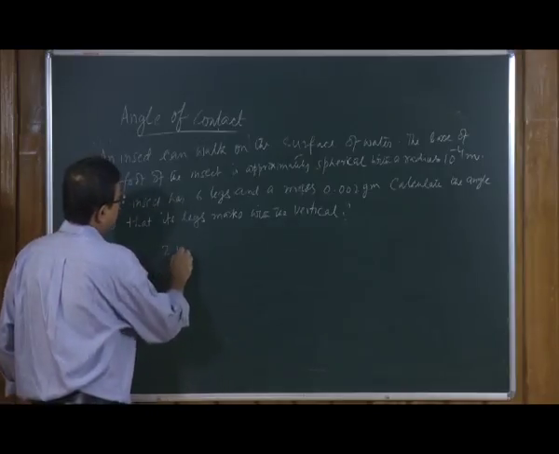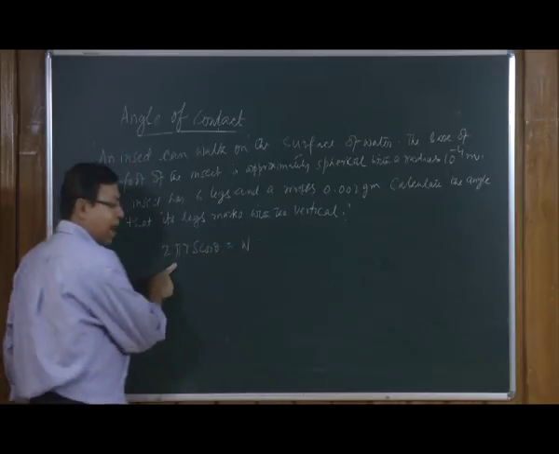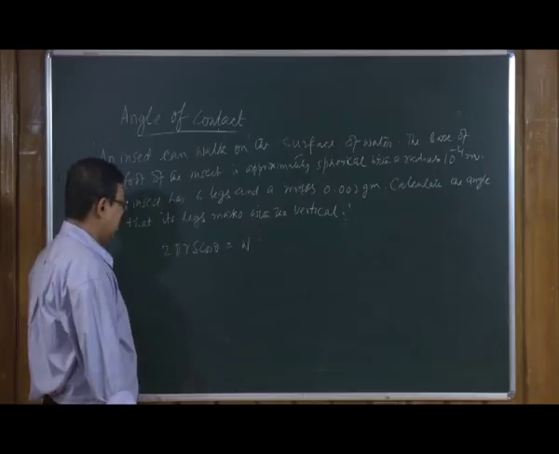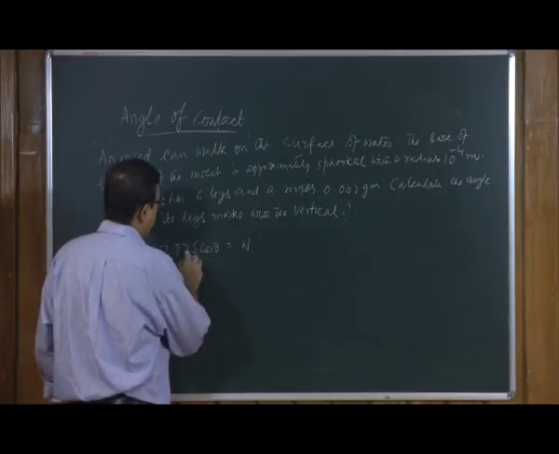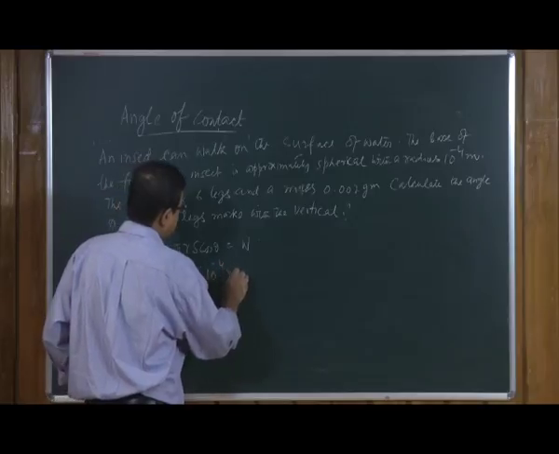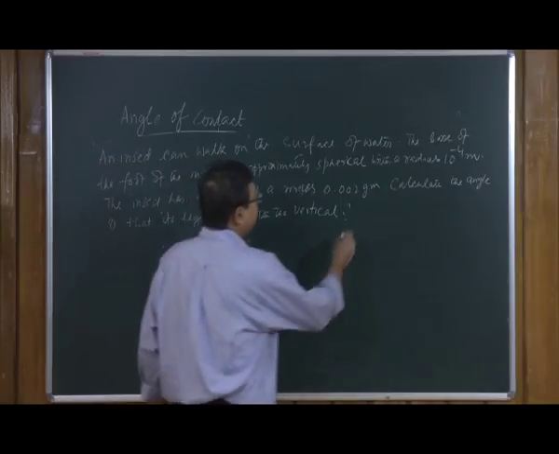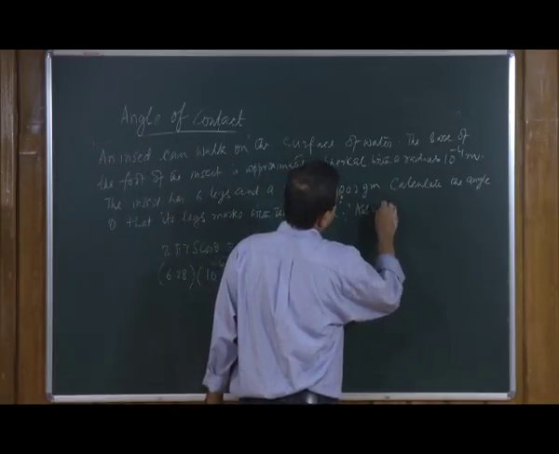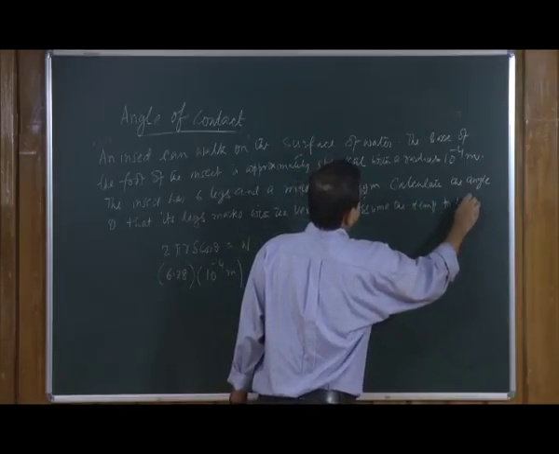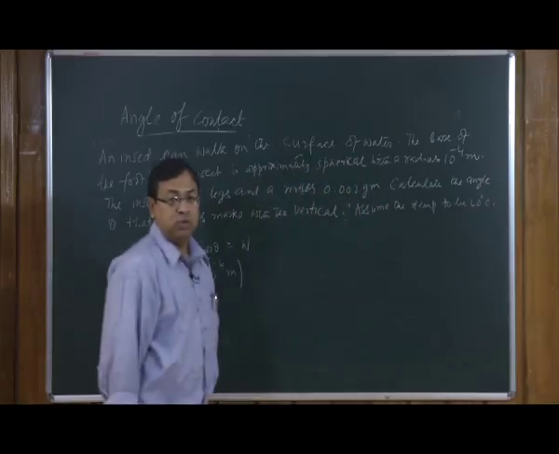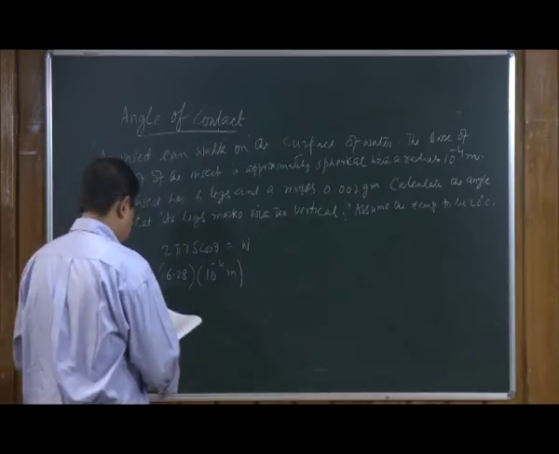So, we know that 2 pi r s cosine theta equals W. 2 pi is 3.14, we will take a simpler value, so 2 pi becomes 6.28, r is 10⁻⁴ meter. Now, surface tension of water. It is given to assume the temperature to be 20 degrees centigrade, which means that you have to take the value of the surface tension of water at 20 degrees centigrade, which is what we have said.